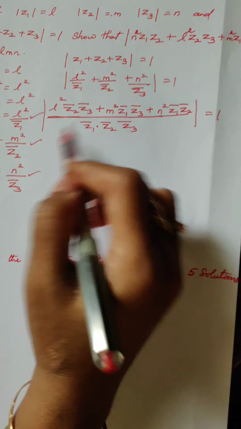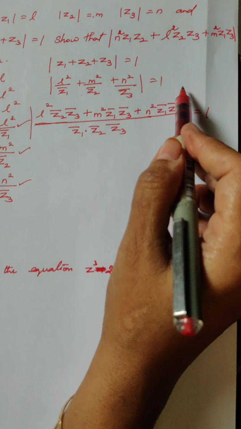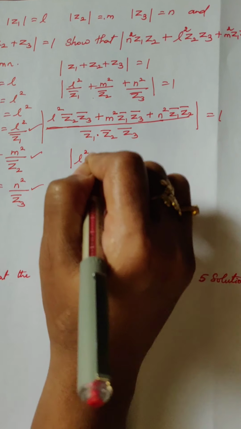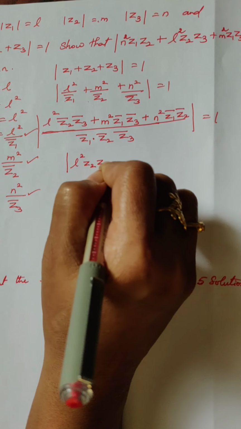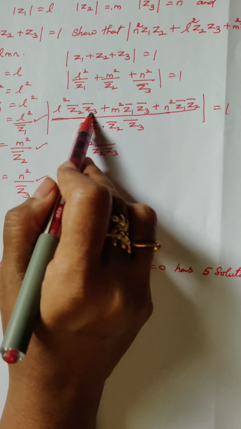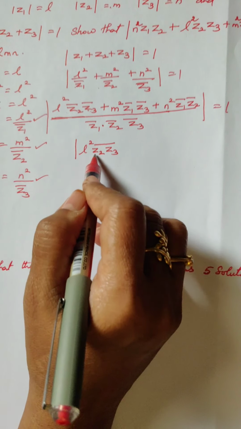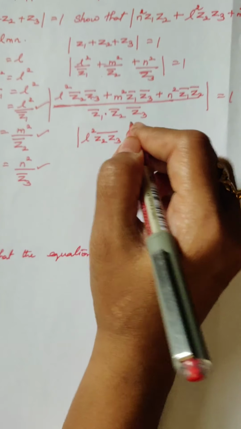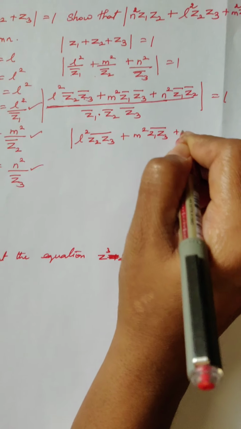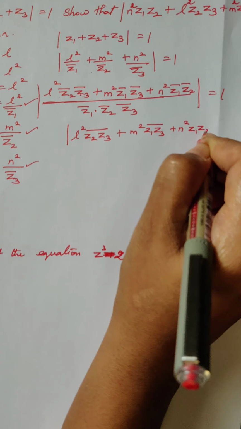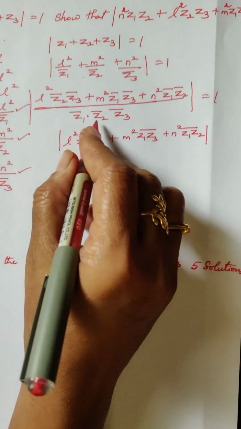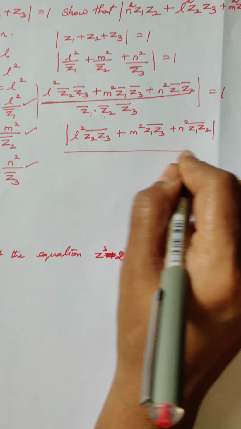How will you write modulus of the division of the two complex numbers? Numerator modulus separately, denominator modulus separately. Is it clear now? So modulus of L square z2 z3 the whole bar, individual complex numbers conjugate equal to product of the two complex numbers conjugate, plus m square z1 z3 the whole bar plus n square z1 z2 the whole bar, full modulus by z1 z2 z3 the whole bar modulus.